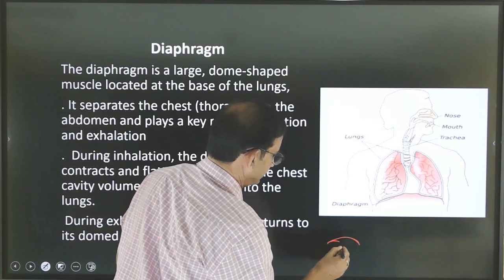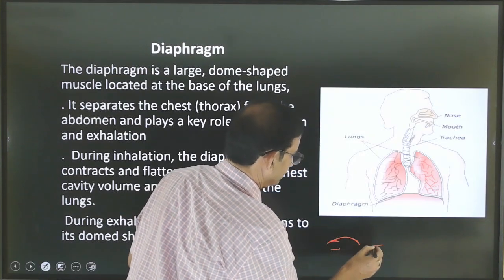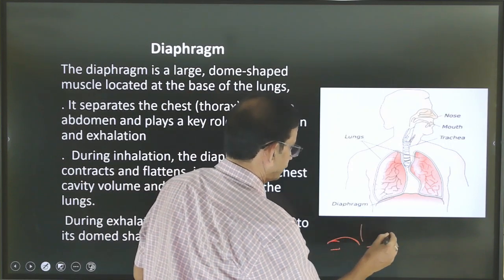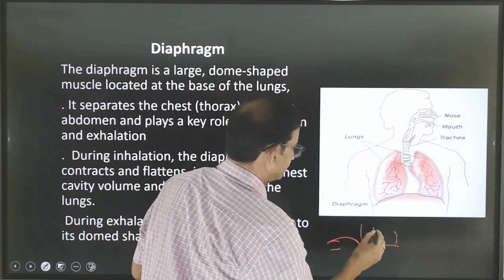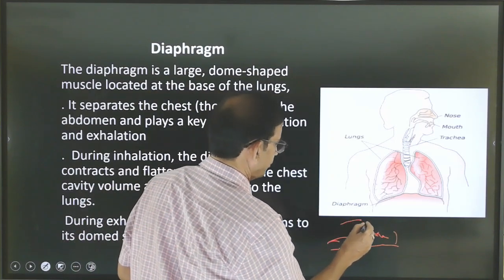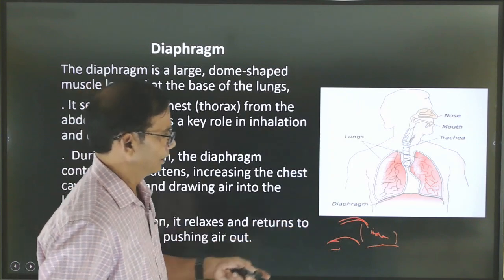During inhalation, the diaphragm flattens, so that the space increases and air moves into the lungs, which is called inhalation.